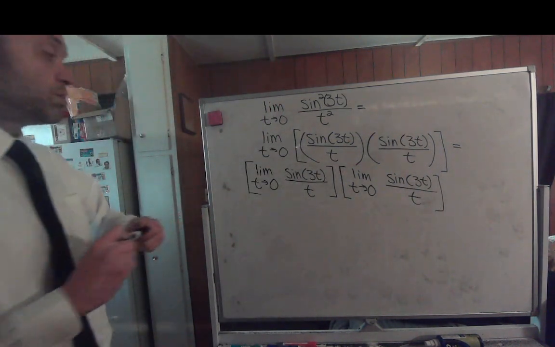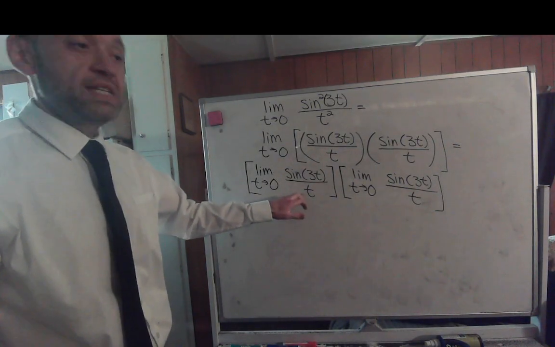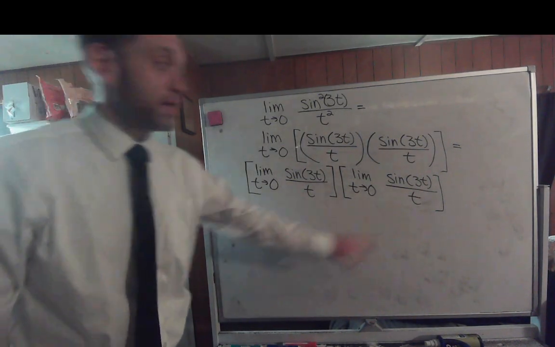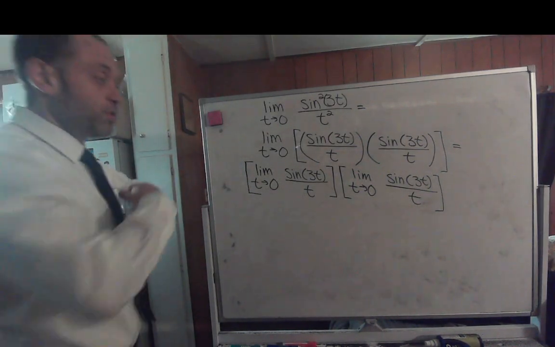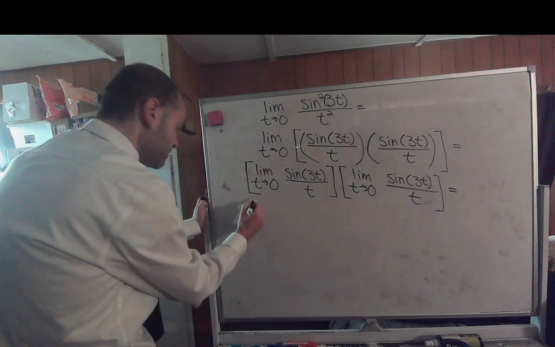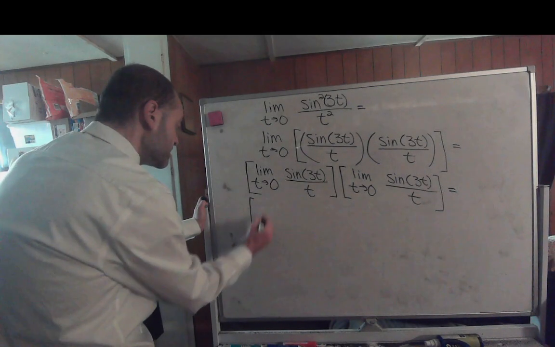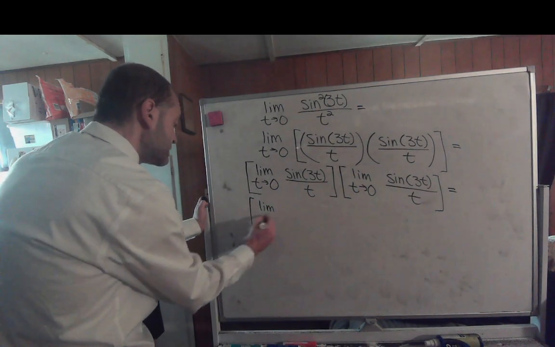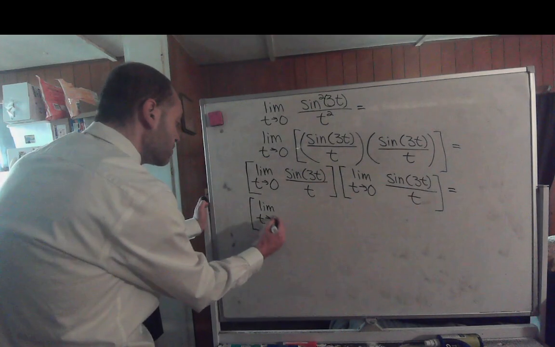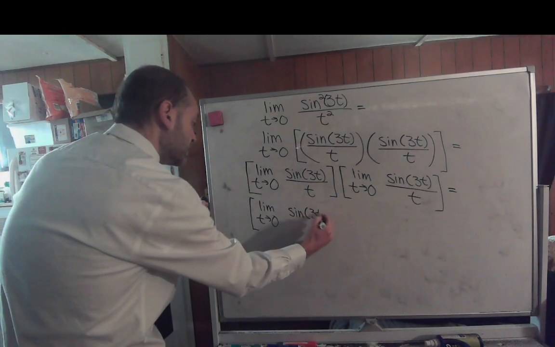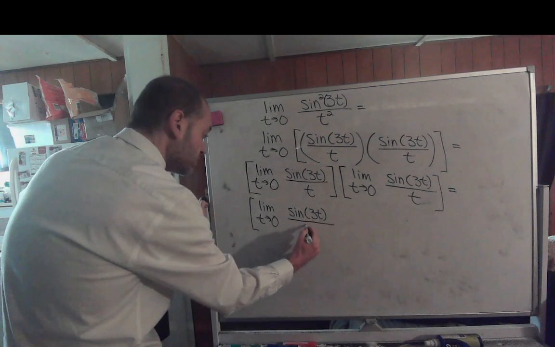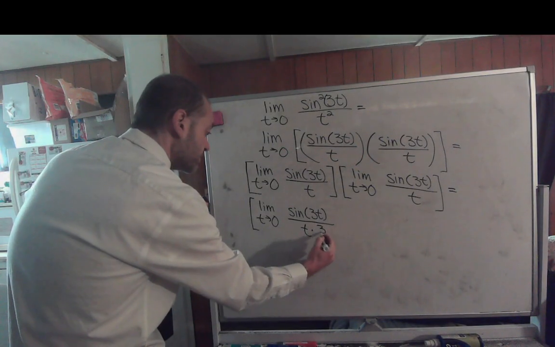Okay, well, we need to make that t a 3t, don't we? On each one. We have two of the same thing. So that means for both of these, we need to multiply the denominator itself by 3 over 3. So this would turn into the limit as t approaches 0 of the sine of 3t all over t times 3 over 3.